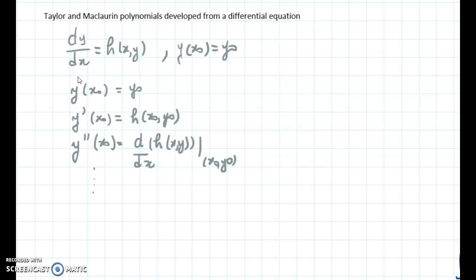So we need to find in general, up to degree n, what will be the n-th derivative of y evaluated at x0. So we found the first one, the value of the function at x0, that's given. We can find the value of the first derivative at x0.